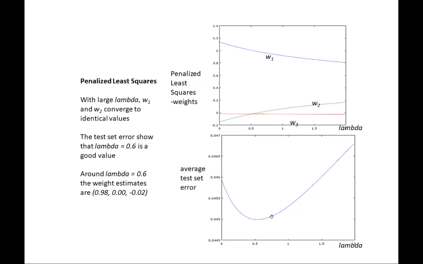And if we make lambda too large, then the error increases again. So it's sort of important to be in the right area here with your lambda. You don't have to be perfect, but you should be close. And it happens that around this value, 0.6, in fact, this weight is 0, W2 is also close to 0, and W1 is close to 1.